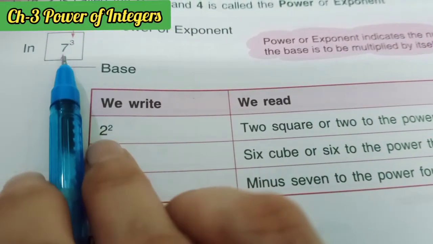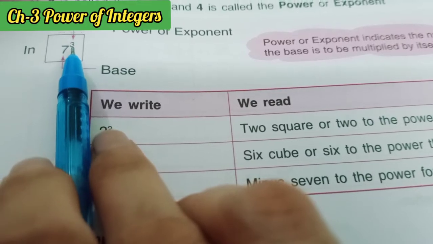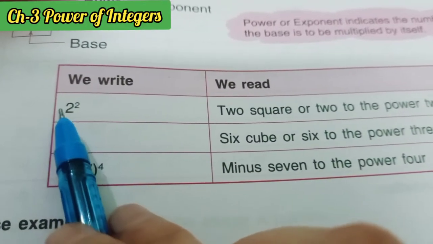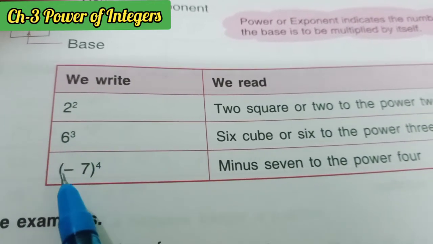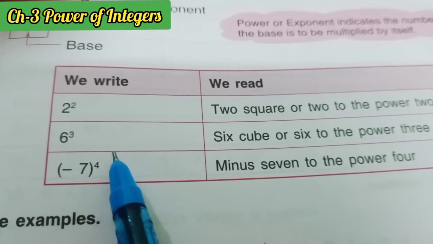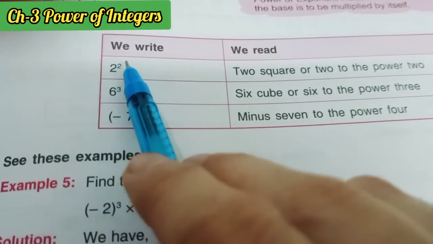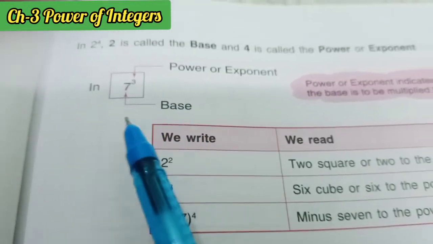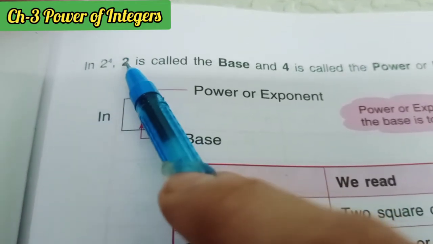So in this 7 is the base and 3 is the power or the exponent. And we will read like 2 raised to power 2, 6 raised to power 3, minus 7 raised to power 4, and this 7 raised to power 3, 2 raised to power 4.